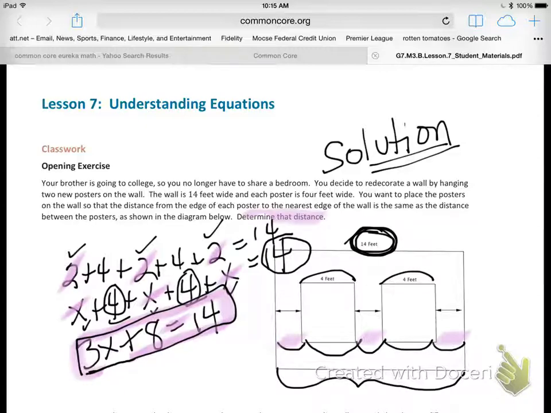First thing to do is to add the additive inverse of positive 8. And there we have done that. That gets rid of positive 8 on this side, but it makes this side now 6. So we have 3x equals 6. Now we're talking about the multiplicative inverse, and what we are actually doing is dividing both of these by 3.